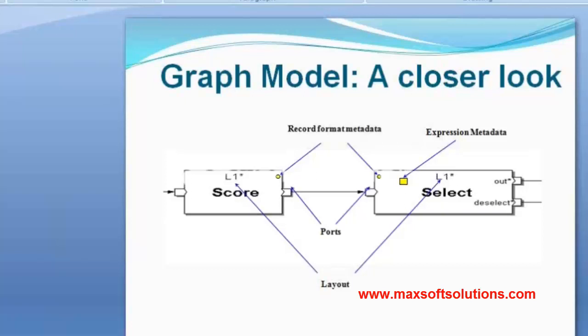I can have my Ab Initio graph with different components running on different host servers. I can have one component run on one host server, and another component run on another host server. To identify that, we have to give the layout of that particular host server. So using layout, we can identify which host the component is currently running on.